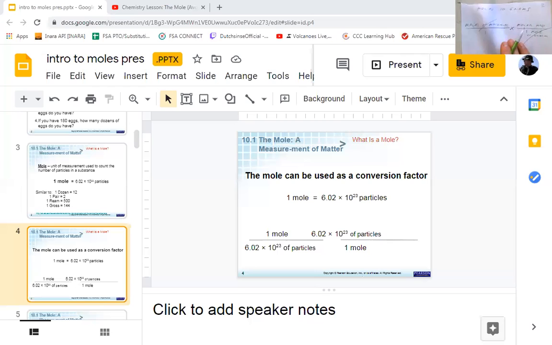All right, so let's do a problem. In a problem, I give you 25 grams of KMnO4, potassium permanganate. We measure it out in the lab, not 25 moles, 25 grams, okay?